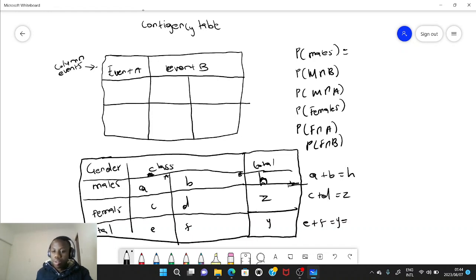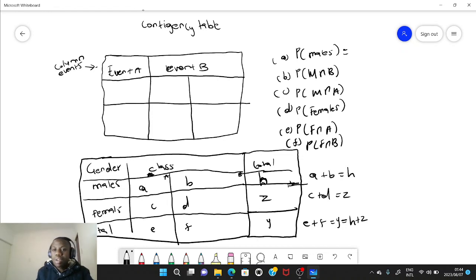So Y is still equivalent to H plus Z, right? Suppose on the first equation we have A, B, C, D, E, and F. On A, we have the probability of males. So we want the males.